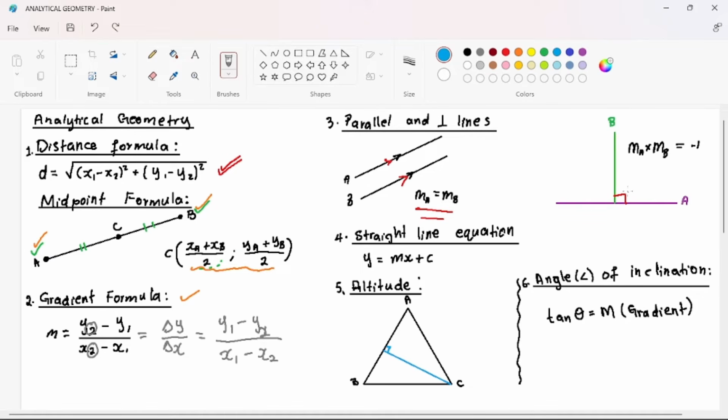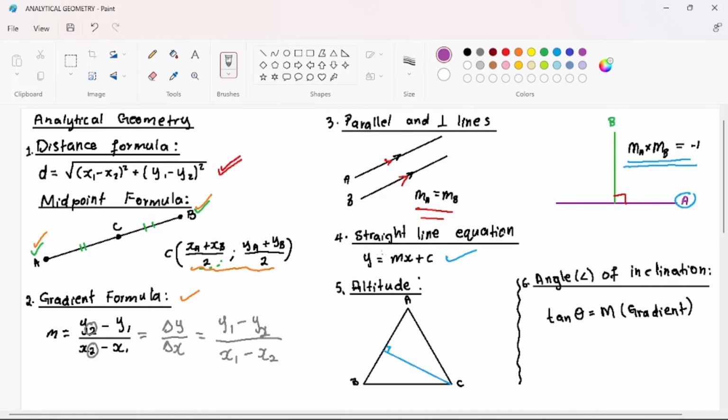So if you are told that these two lines are perpendicular to each other, that means you are going to use this formula to calculate. Maybe you are given only one coordinate on your A, and you are given the gradient of B. That means you can calculate the other gradient, which is our A gradient, by using this formula, right? So hopefully I'm understandable.